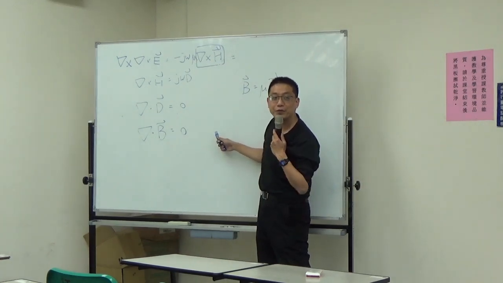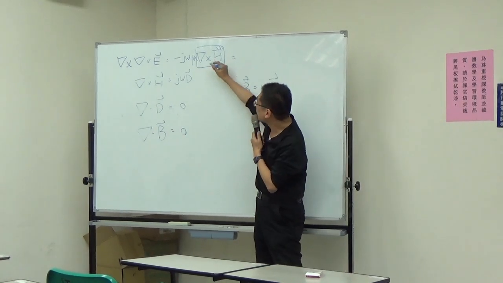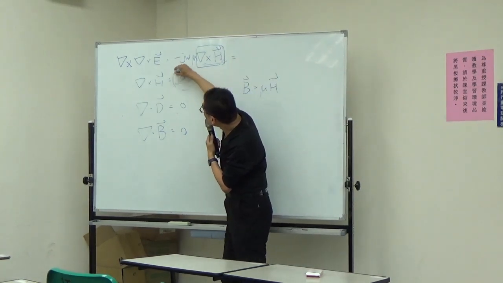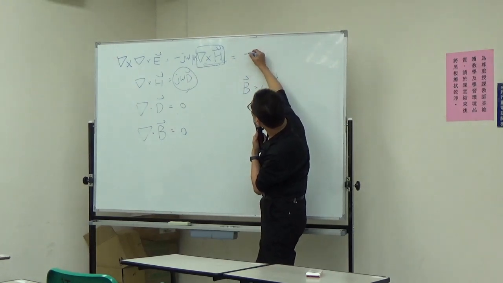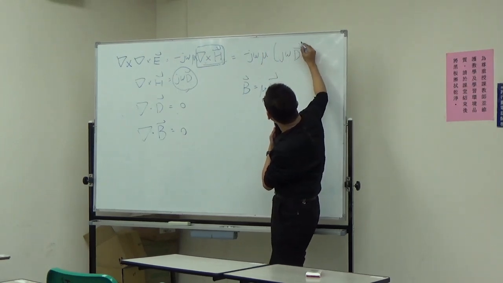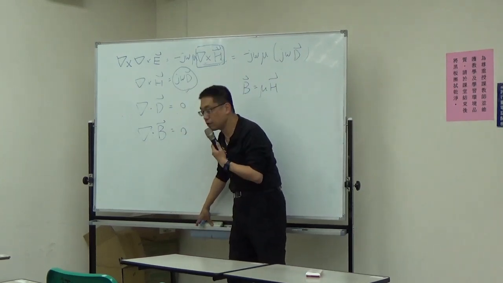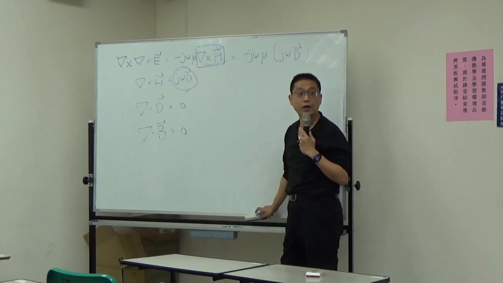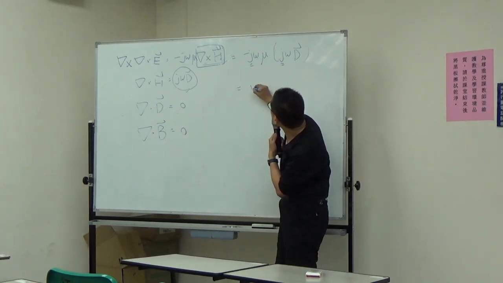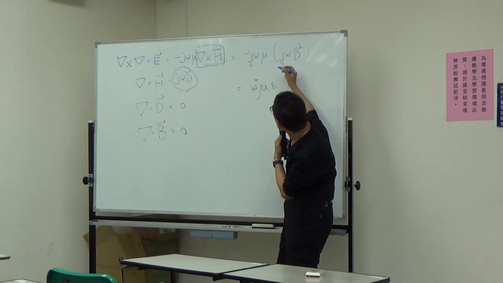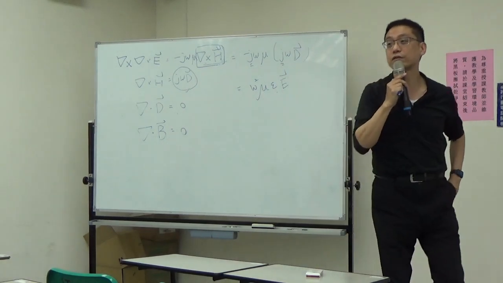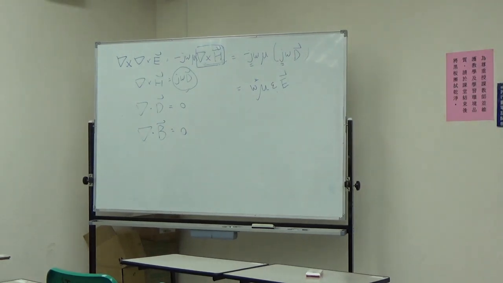No, don't look at your book, look here. The curl of H equals j omega D, here, right? So it equals minus j omega mu times j omega D. Then you just told me that D equals epsilon E. So j times j is minus 1, and it equals omega squared mu epsilon E. Okay, good.